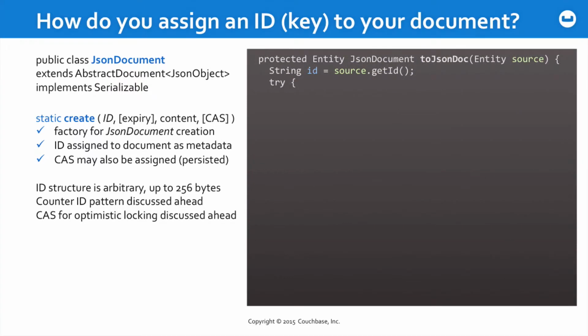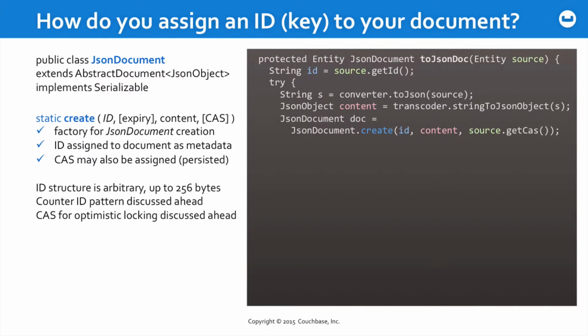So one way to go about this would be in a conversion method like the toJSON document method in your lab code. You might receive the underlying POJO, the representation of the data, inside your own code, and that may include an ID value within it. You could extract that and then convert the underlying entity, the POJO, into a string value. That string can then be converted via the transcoder into a JSON object.